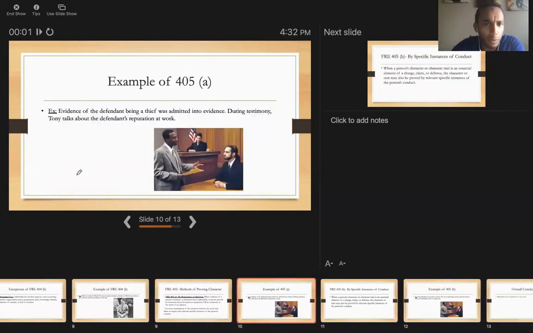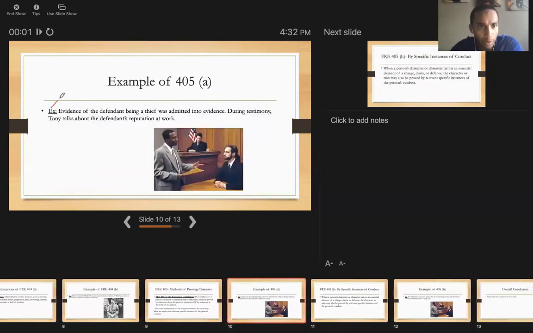An example here is that evidence of the defendant being a thief. Focus on a theft crime here, okay? Let's say that character trait was admitted into evidence. And during testimony, let's say Tony is this man sitting down here, because that's where a witness usually sits to give testimony. This man is the lawyer, and obviously over here by the American flag is the judge.